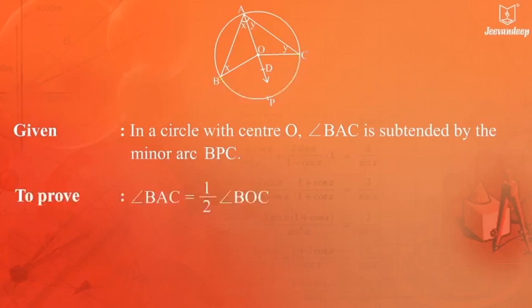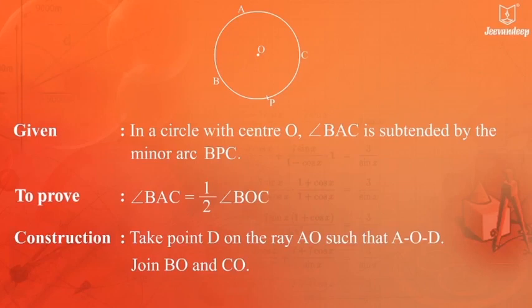To prove angle BAC equals half of angle BOC. Construction. Take a point D on the ray AO such that AOD is a single straight line. Join BO and CO.